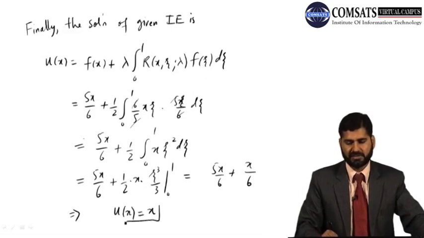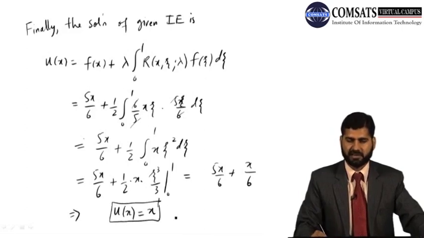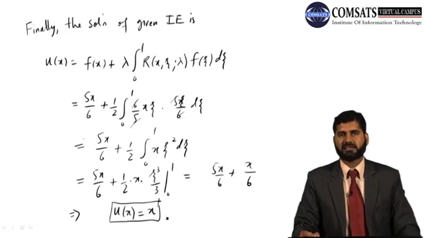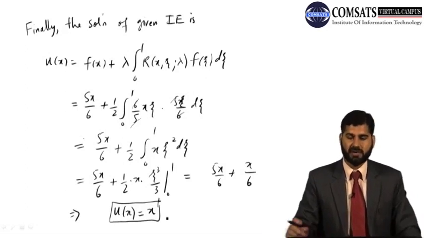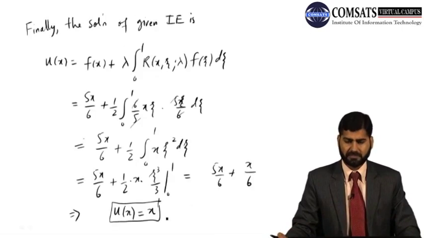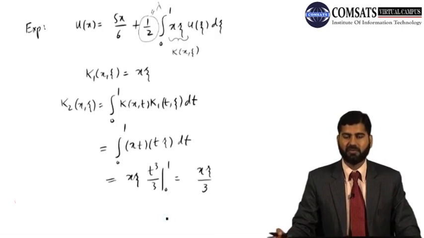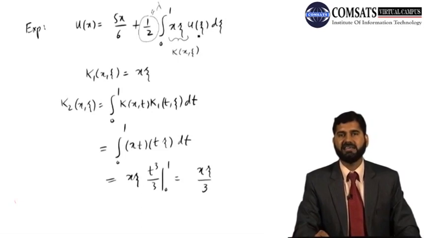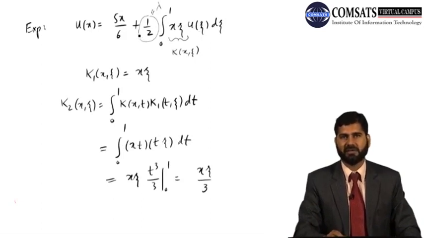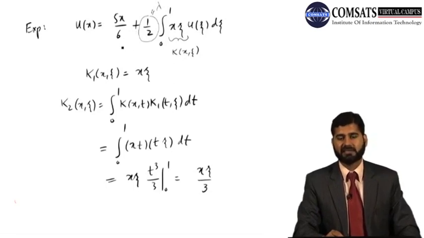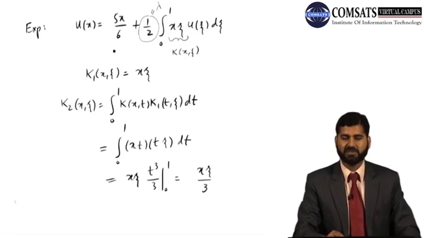This is your solution, the required solution. That is, x is the solution of the given integral equation. And if you want to prove it, replace x here and see whether you get the correct answer or not. It will satisfy the equation, and that will prove that this is a correct solution of the integral equation.